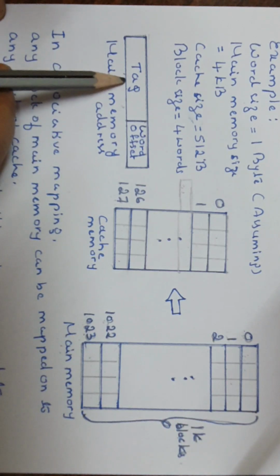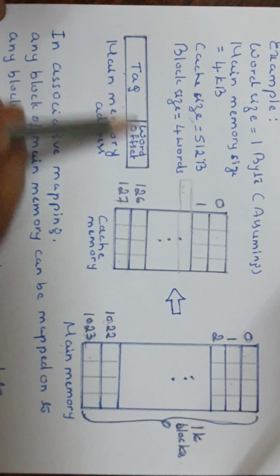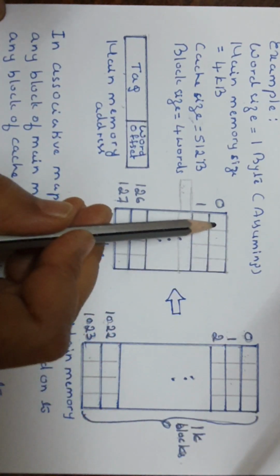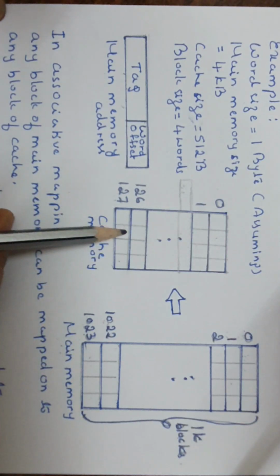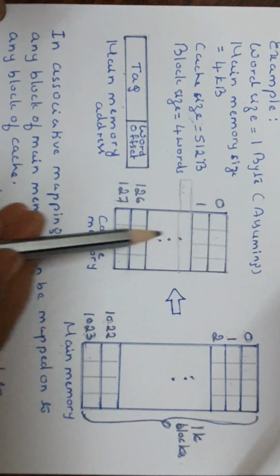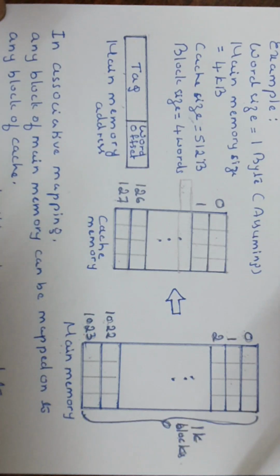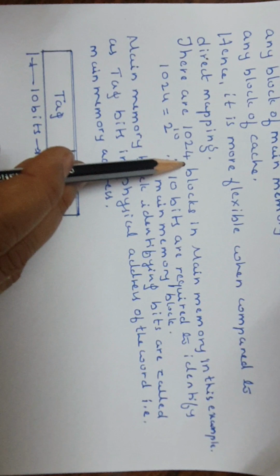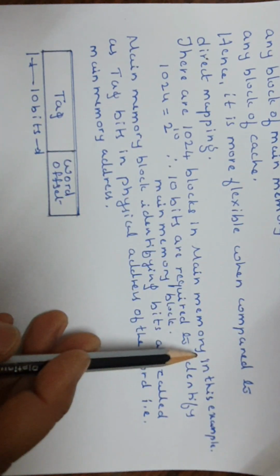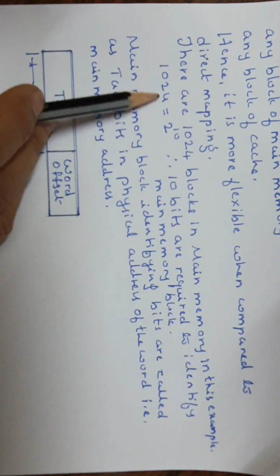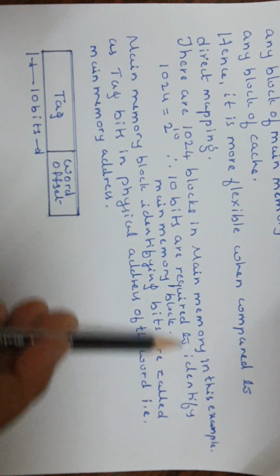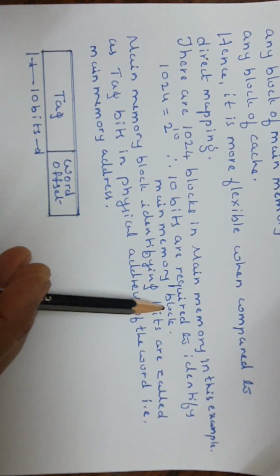That is some discussion about tag bits, which are used to identify the main memory block number which is going to be stored in any block of the cache. There are 1024 blocks in main memory. In this example, 1024 can be written as 2 raised to 10. Hence, 10 bits are required to identify a main memory block.